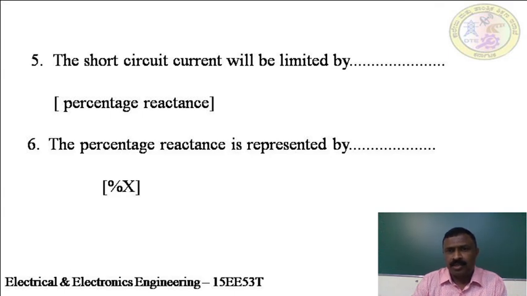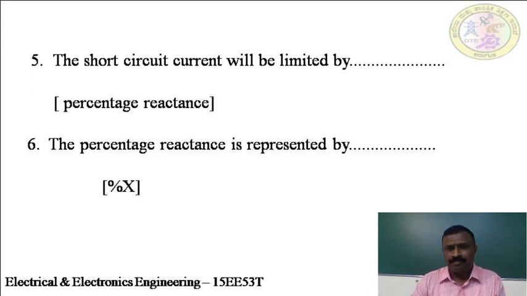The percentage X total is in the denominator. When the percentage reactance becomes high, automatically the short circuit current becomes less. So hence the short circuit current will be limited by the percentage reactance. Next question, the percentage reactance is represented by dash. The percentage reactance will be represented with a percentage symbol and the reactance.